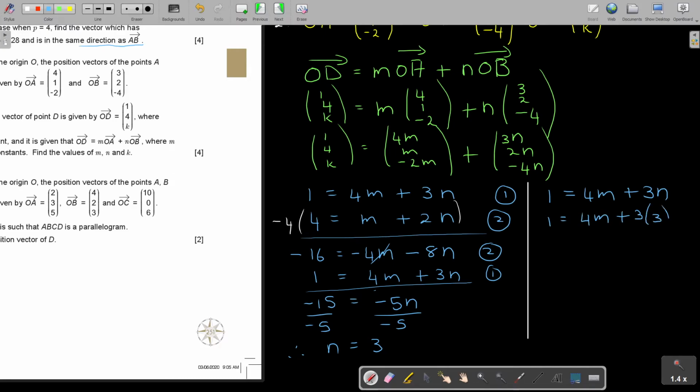I could have even said substitute n equals 3 in equation 1. Plus 9. So I'm going to have 4m equals 1 minus 9. So 4m equals negative 8. So I divide by 4. So therefore, m is going to be negative 2.